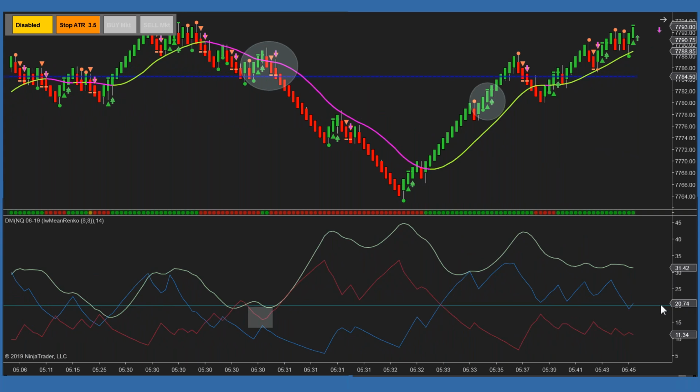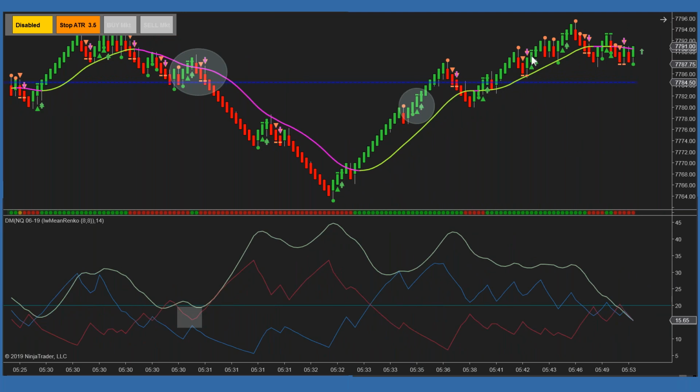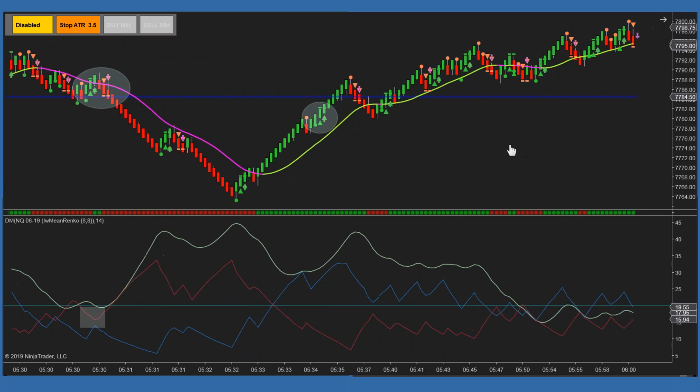The ADX line is still above this 20 line, and some decent follow through again from that. Now, once the ADX line, that's this greenish line, dips below 20, we technically have lost our trend. And let's just see what happens here after that.